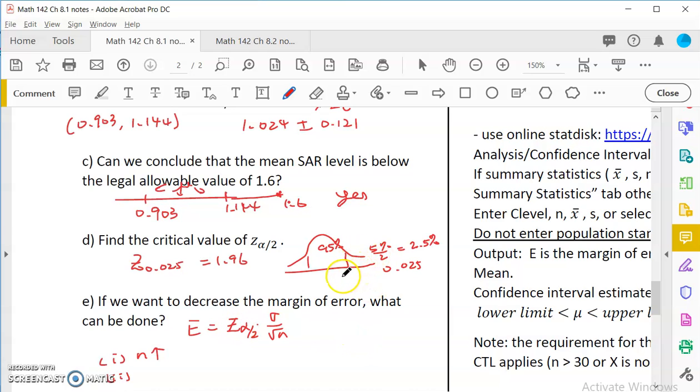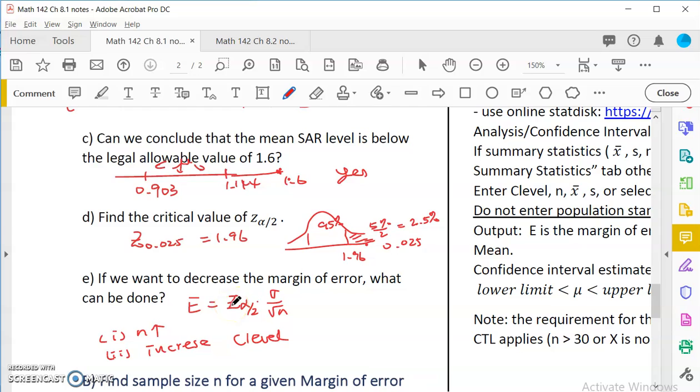The second thing you can do is change this critical value, which is 1.96. If you use a bigger confidence level, then your significant area will be smaller, so the Z alpha over 2 will be pushed to the right side. It will be a bigger Z alpha over 2. Oh no, you want to decrease it, right?